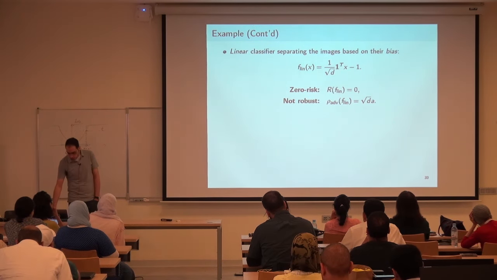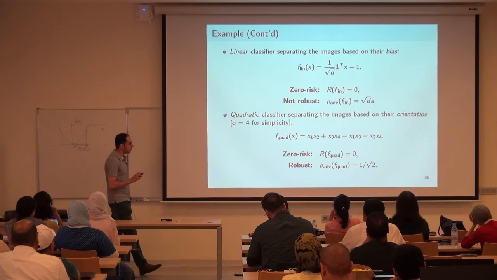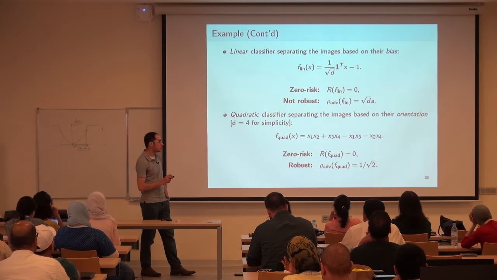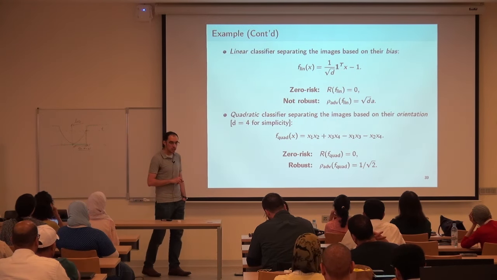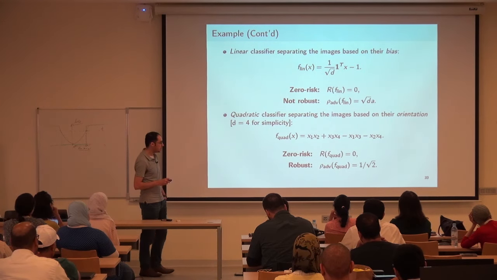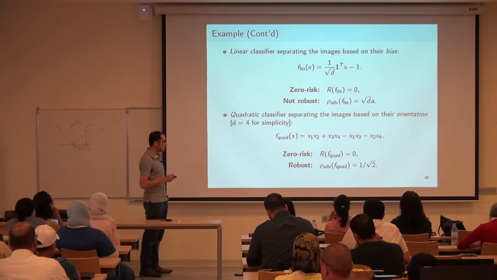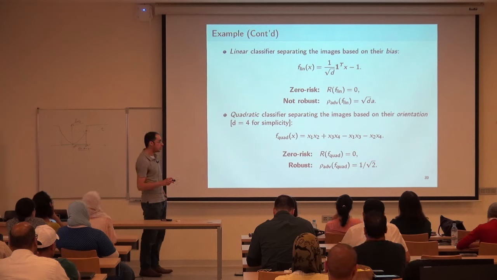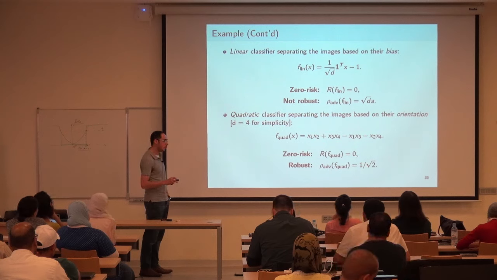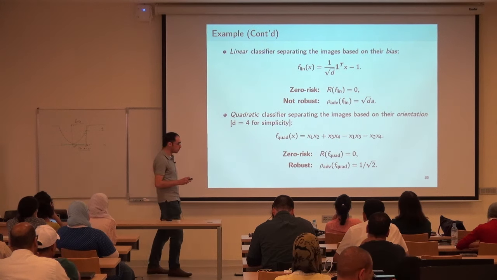Okay? Now, on the other hand, if you consider a slightly more complex classifier, which is a quadratic classifier, you can actually pick up the orientation. And in this case, this is just a 4-dimensional example, so it's like a 2x2 image. This is basically the formula of the quadratic classifier. Then you can again achieve a zero risk, or zero loss, okay?